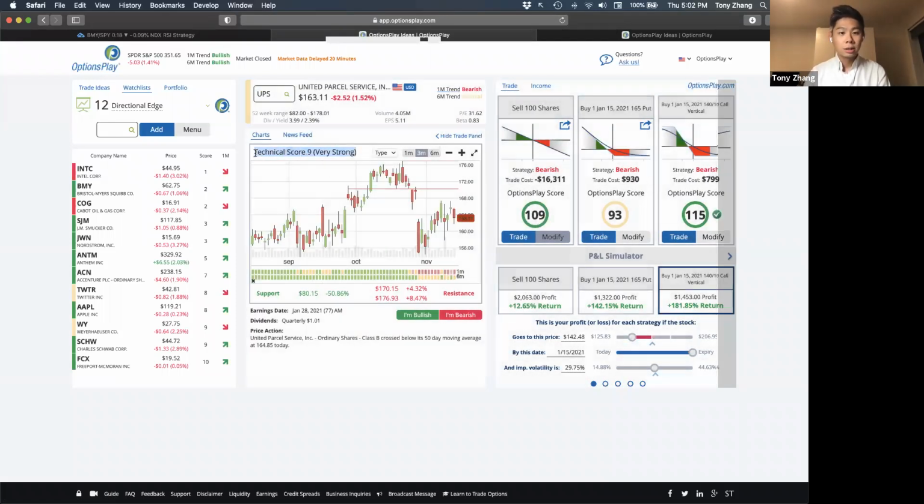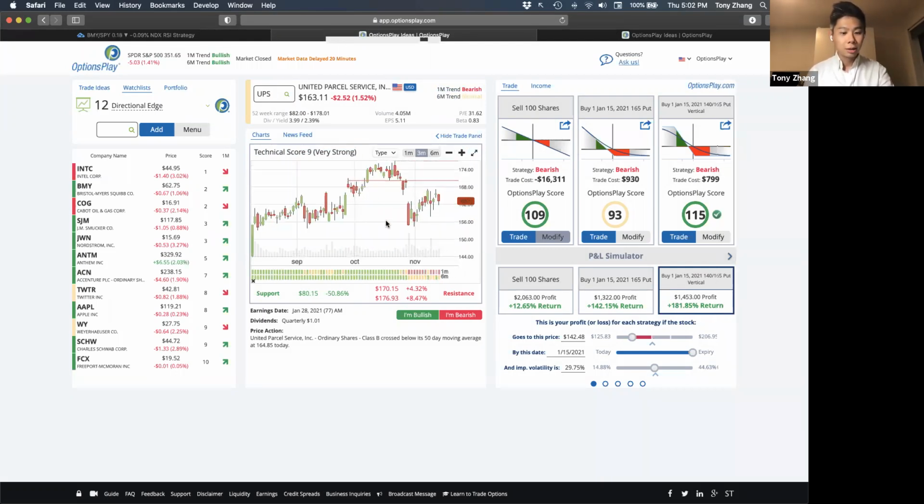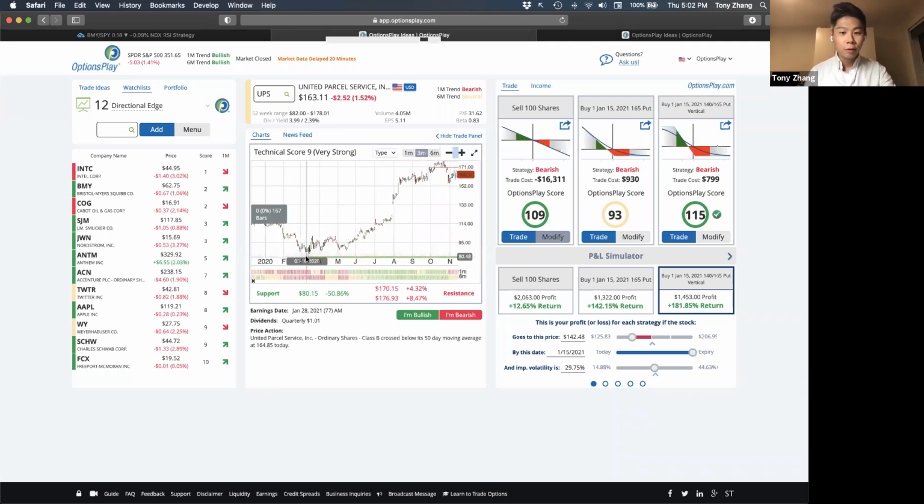UPS, very strong stock, but starting to turn around here. This was one that I was looking at earlier today because it recently just started to turn around. For those of you that are astute technical analysts, this is starting to look a bit like a head and shoulders formation. Is this going to start to turn around? Maybe these stocks got a little too ahead of themselves, because UPS, FedEx, these stocks have gained, from the lows, $80 to $163.